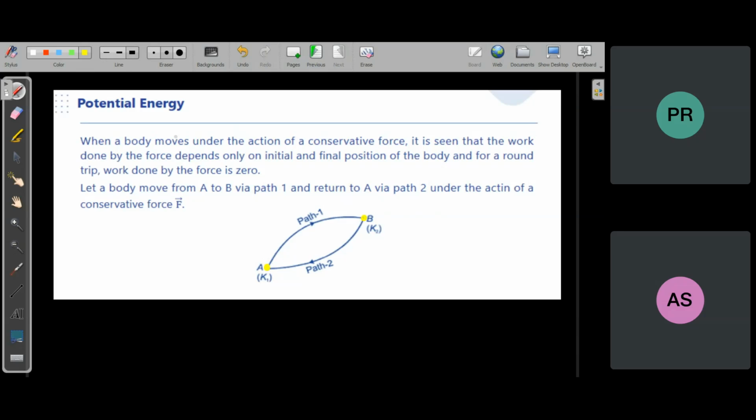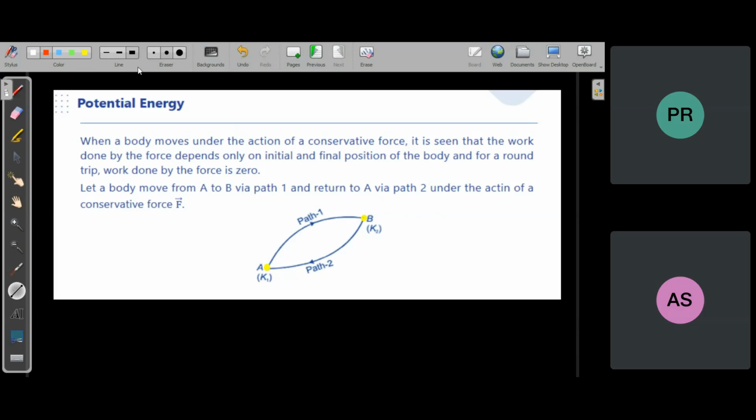Now, once you have understood potential energy and conservative and non-conservative forces: if the work is dependent on path, the force is non-conservative, and if it is not dependent on path, then it is conservative.